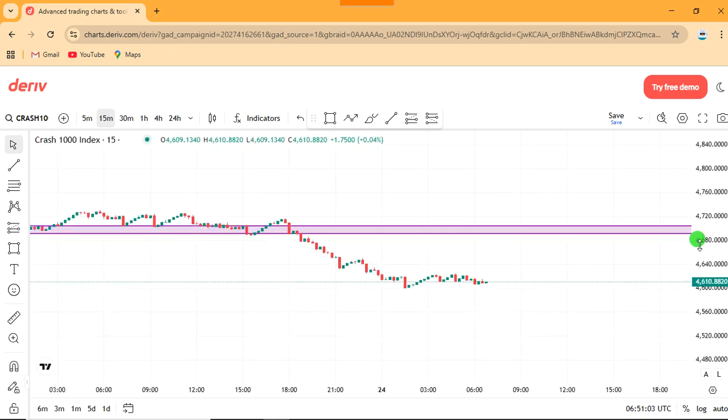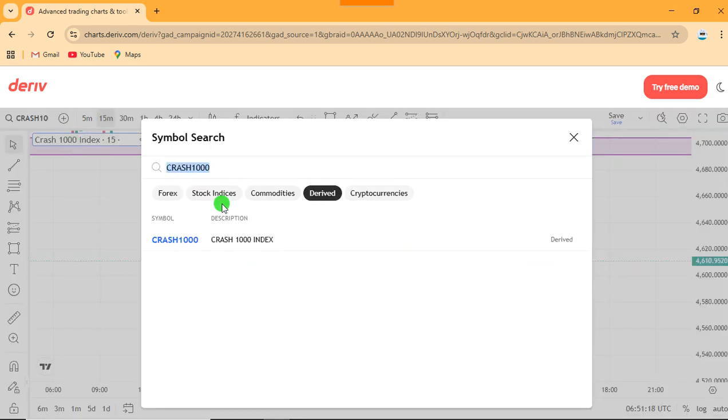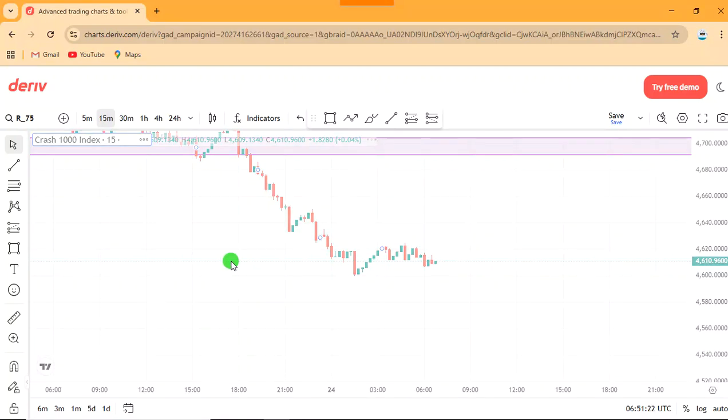But for now, it seems like we're having some signs of maybe a minor pullback. I would even love a pullback back to this zone, then going short. So for now, no trade for me on Crash 1000. So let's go to 75.